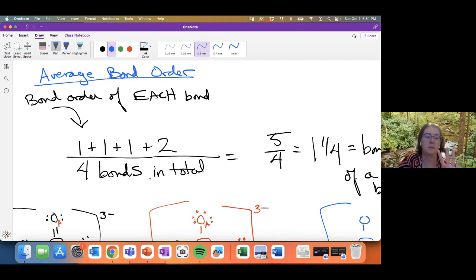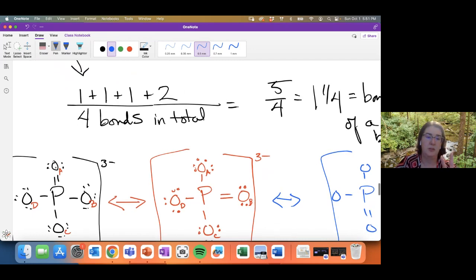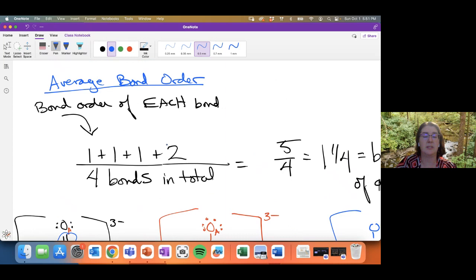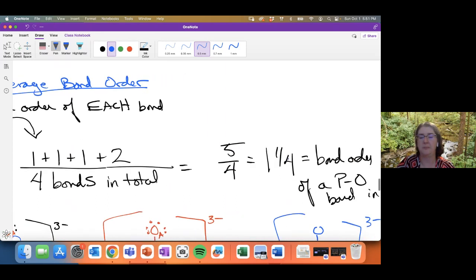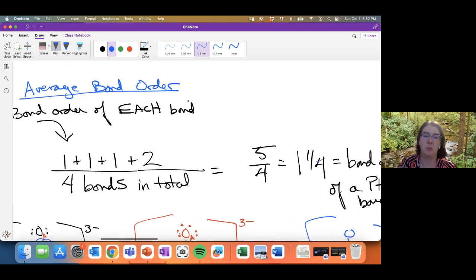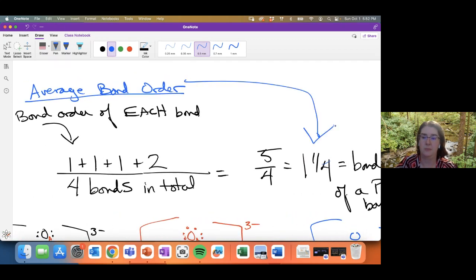I have 4 bonds because I have a phosphorus to 4 different oxygens. So 1, 2, 3, 4 bonds total. And 3 of them are single bonds and 1 of them is a double bond. So 1 + 1 + 1 + 2. Each single bond gets 1, the double bond gets a 2. 1 + 1 + 1 + 2 is 5, divided by 4, or 1 1/4. And this is my average bond order, 1 1/4.